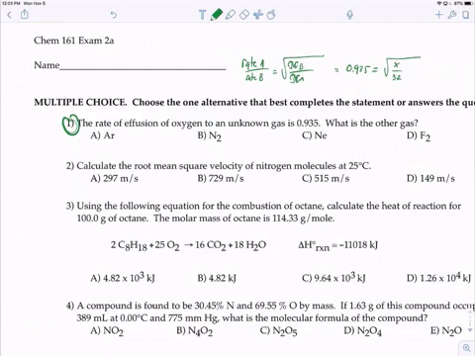I'm actually curious to see what it is. It's going to be A or D, I think. I'm going to go ahead and calculate it out.